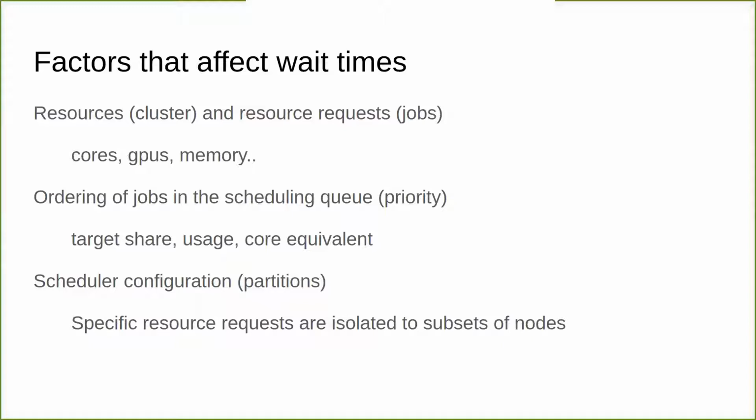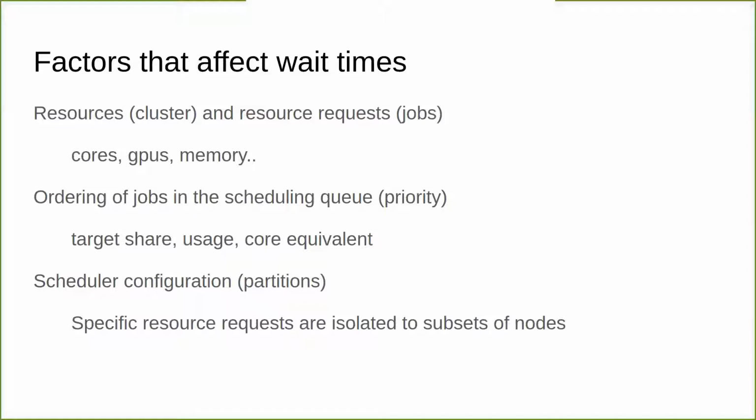Now, finally, the other major factor is the scheduler configuration. In particular, because the general purpose systems are intended to handle pretty much any sort of workload that researchers have, from serial farming to large-scale parallel processing, the system configuration has properties that affect the start time of the jobs.